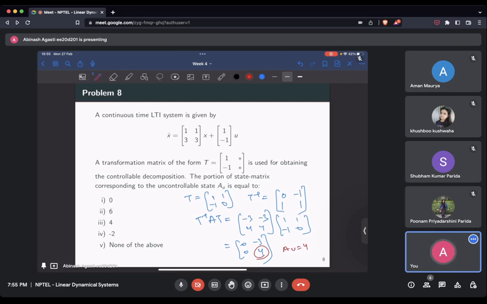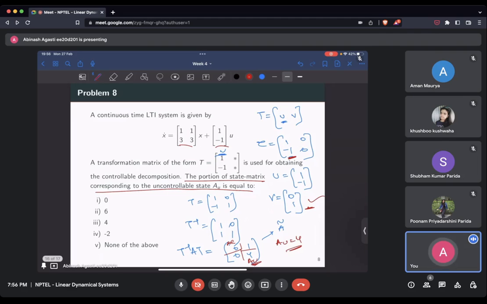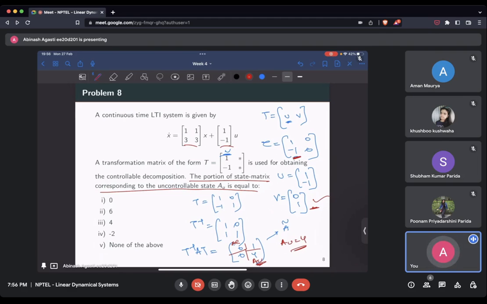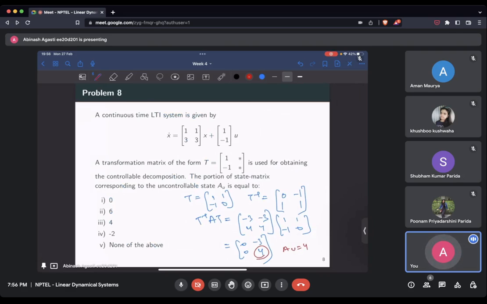That is why the controllable eigenvalue, which is 0 here, and the uncontrollable eigenvalue, which is 4 here, will remain the same. The A12 portion changed, it became -3 instead of 1, but the eigenvalues remain the same. If you had a bigger matrix, then the AU and AC portions could have changed, but the eigenvalues would have remained the same. Since the orders of the controllable and uncontrollable parts are one only, you will directly get the eigenvalues on the diagonal. So this 4 will remain the same no matter what transformation you use.